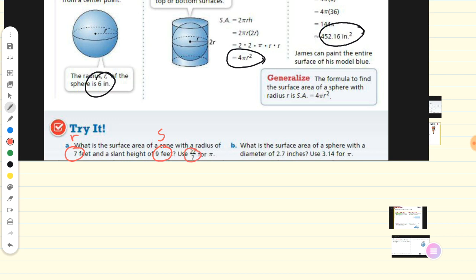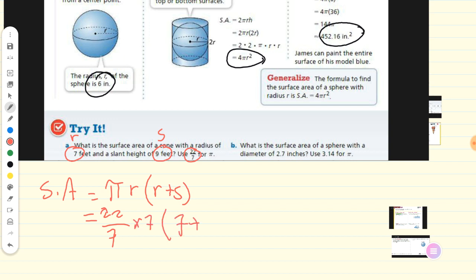Okay, surface area for cone equals πr(r plus s). 22/7 multiplied by r here equal 7, multiplied by 7 plus 9. 7 with 7, it will be 22 multiplied by 7 plus 9, 16. And then find it.